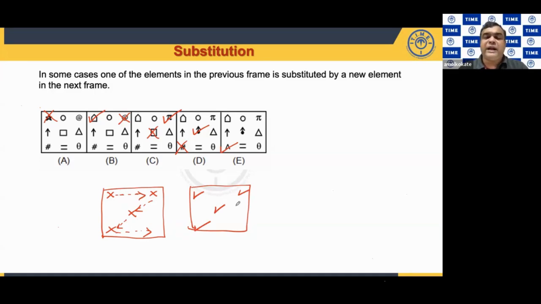So the same pattern is observed in cross also, the same pattern is observed in tick also. But it might happen that there is no pattern in the tick, but there is a pattern in the cross, from which place the element is removed. Is that okay? That's your substitution questions. Fine. Let me go ahead now.